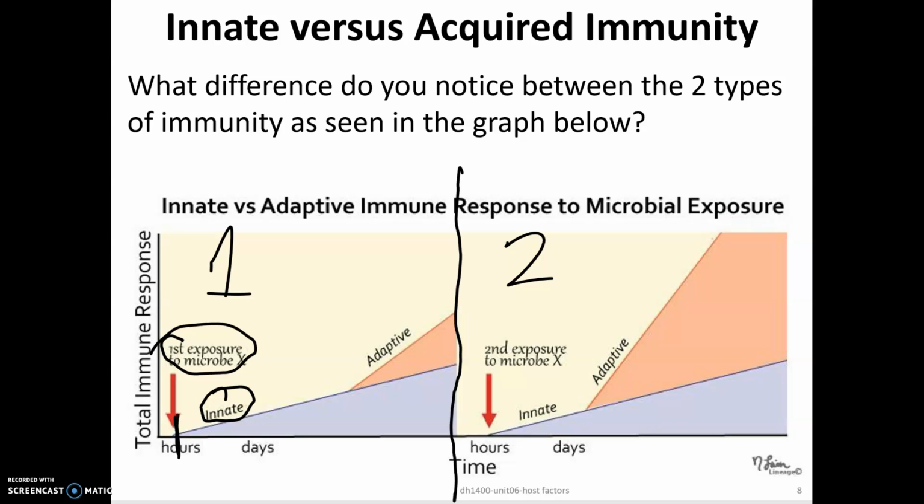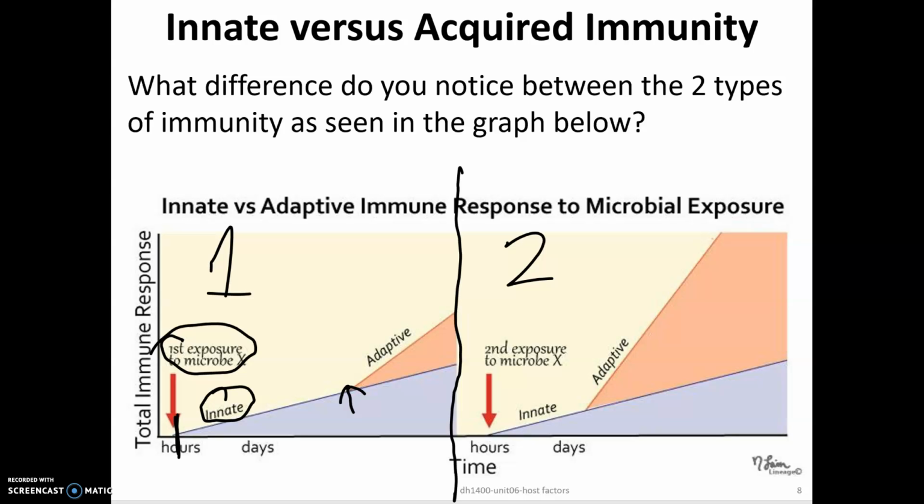It doesn't take very long to start at all. You can see this will go on for a few days, and then after a few days, we'll have our adaptive immunity start to kick in, and they'll start to help with the fight for this infection. So this is the first time we've ever been exposed to this particular pathogen.